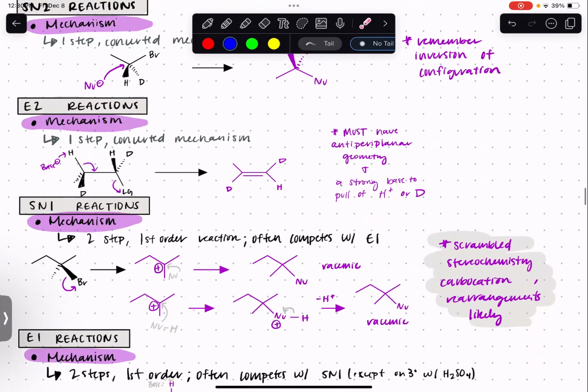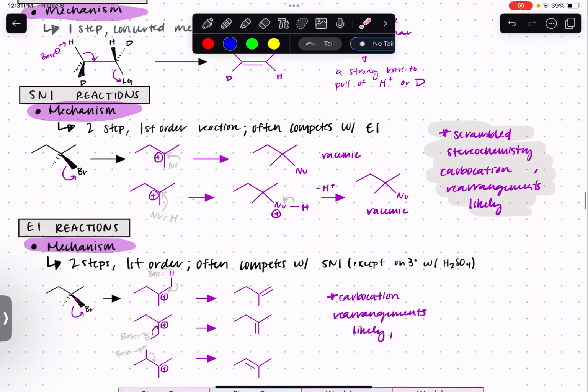E2 reactions are also going to be one-step concerted mechanisms. But instead of just switching things out, we're going to actually get a double bond to form here. And important things about this is you have to have anti-periplanar geometry, and there has to be a strong base to pull off the hydrogen or the deuterium, because you can pull off hydrogens or deuteriums with an E2 reaction.